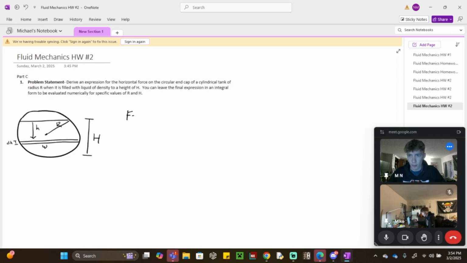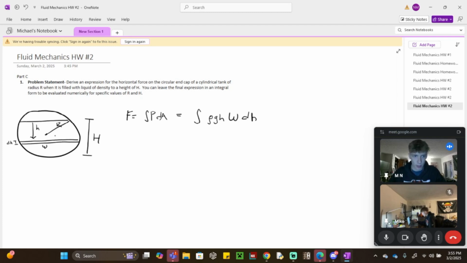We're going to have F is equal to pressure times some area, which is equal to, we know the pressure at some depth is equal to rho g h. So we're going to have rho g h. And our area in this case will be our width times dh.